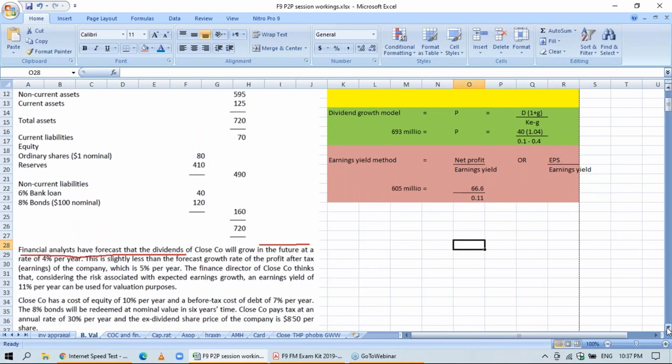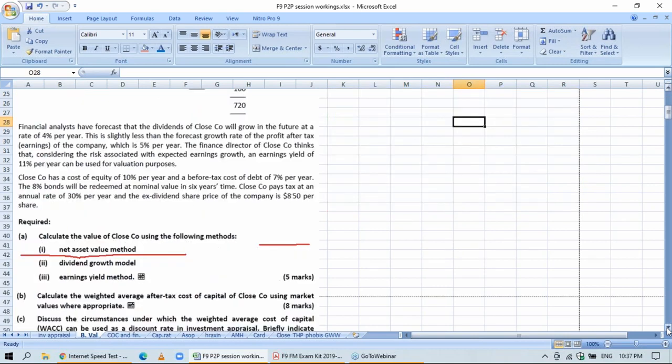Calculate the weighted average after tax cost of capital of closed company using market values where appropriate. So we will calculate the weighted average cost of capital of closed company.